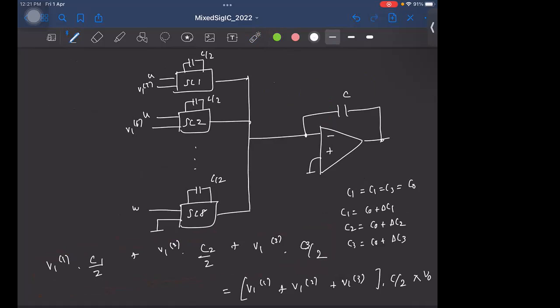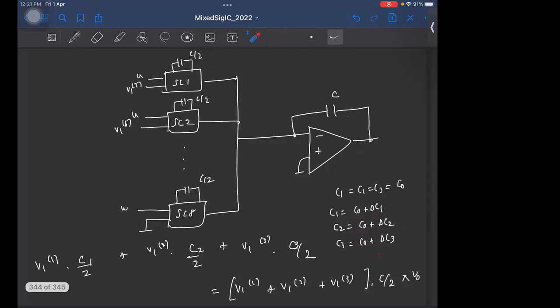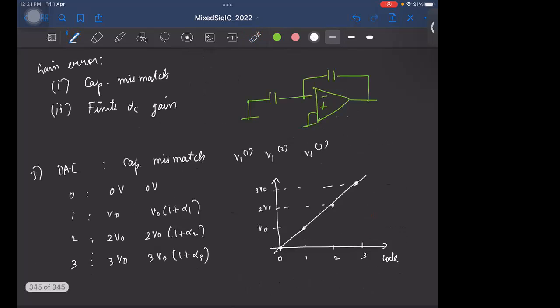So when you put these values here, you will find that along with the required voltages of V0, 2V0 and 3V0, that is coming from these capacitors C0, we also have an error voltage. Is that clear?